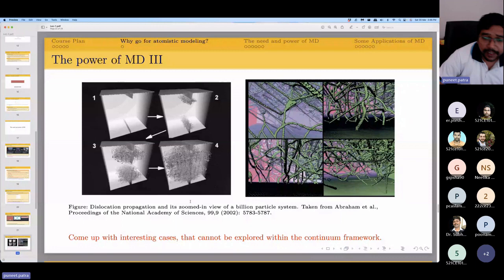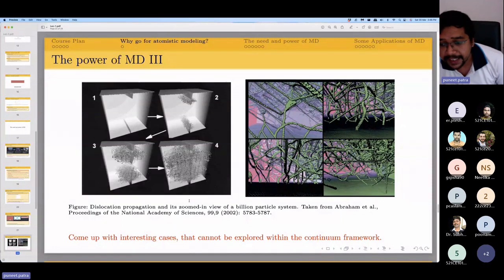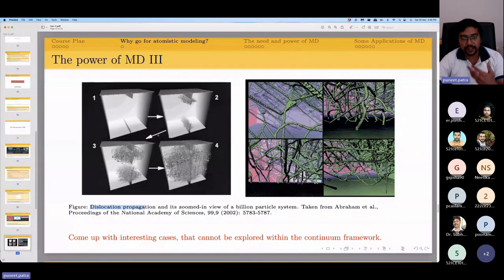Not only that, you can come up with very interesting cases which you cannot explore with the continuum mechanics framework. For example, the evolution of dislocations within a material as plasticity occurs or as failure occurs within that material.